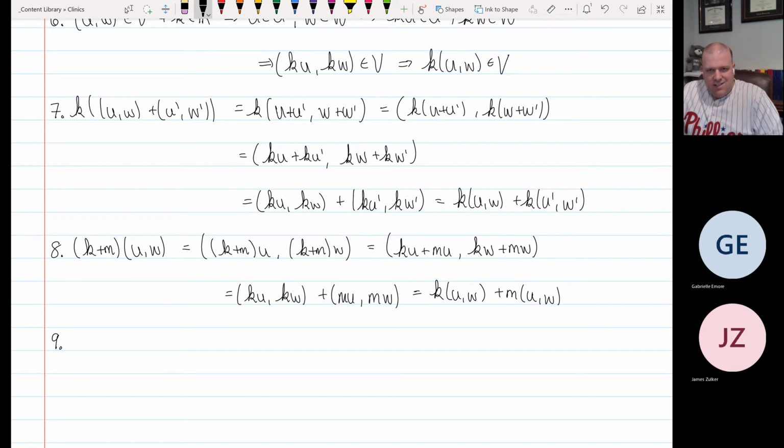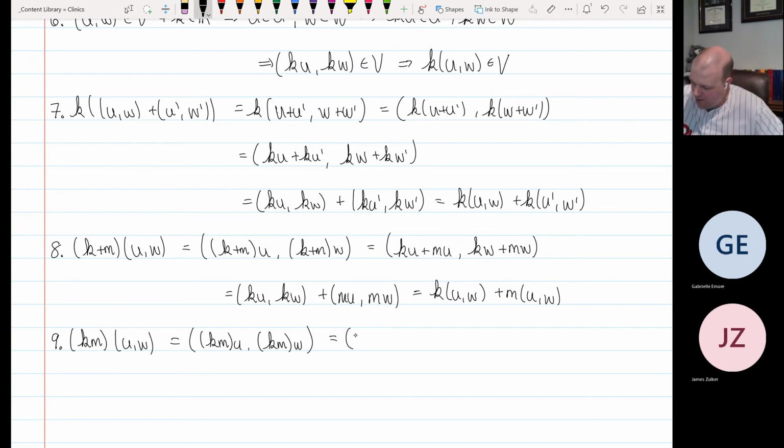Ninth axiom is associativity. We're going to take K times M, multiply that by U, W. By definition, we get that, right? But U is a vector space, right? So it's associative in U. So we can write this, K times MU.